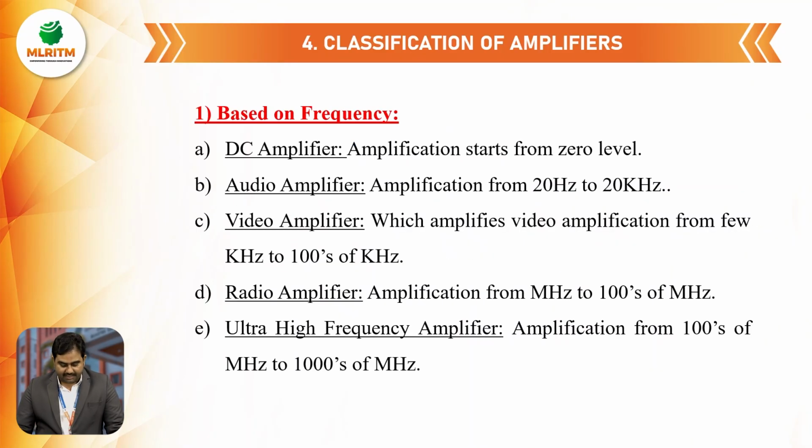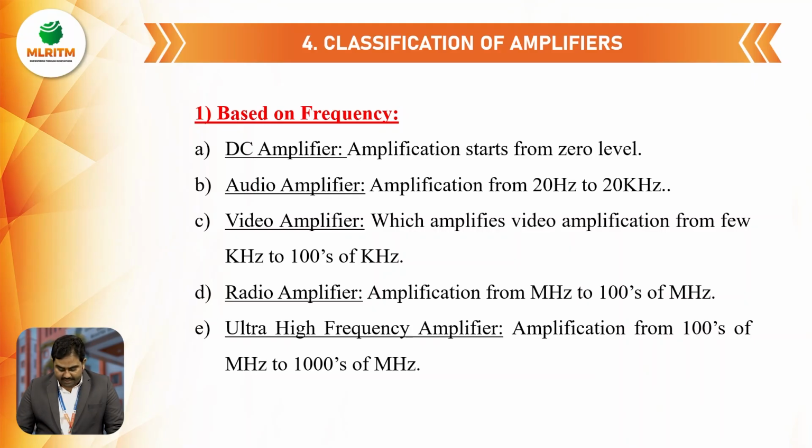First one is classification of amplifiers based on frequency. Again, under this topic, several kinds of amplifiers we are going to discuss. First one is the DC amplifier, where the amplification starts from 0 level. Coming to the second one, that is the audio amplifier, where the amplification is from 20 Hz to 20 kHz. And the third one is the video amplifier, which amplifies from a few kilohertz to hundreds of kilohertz.